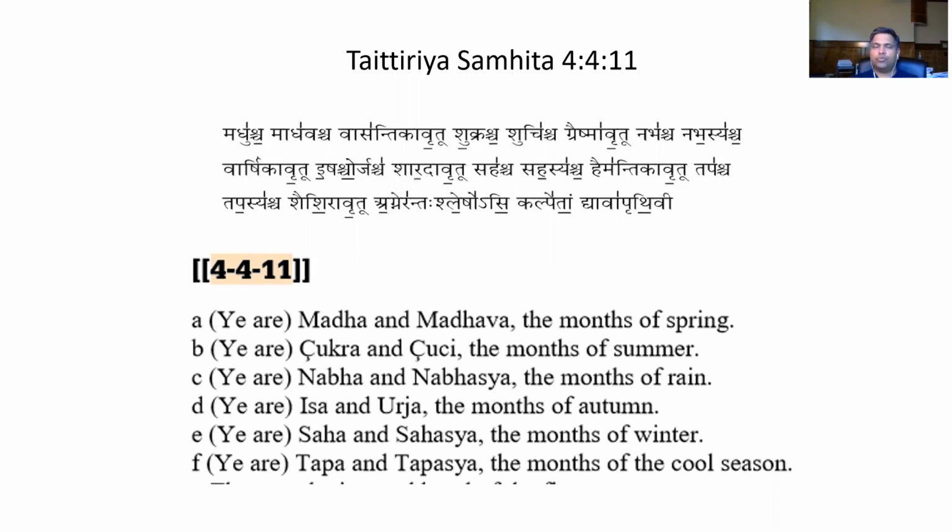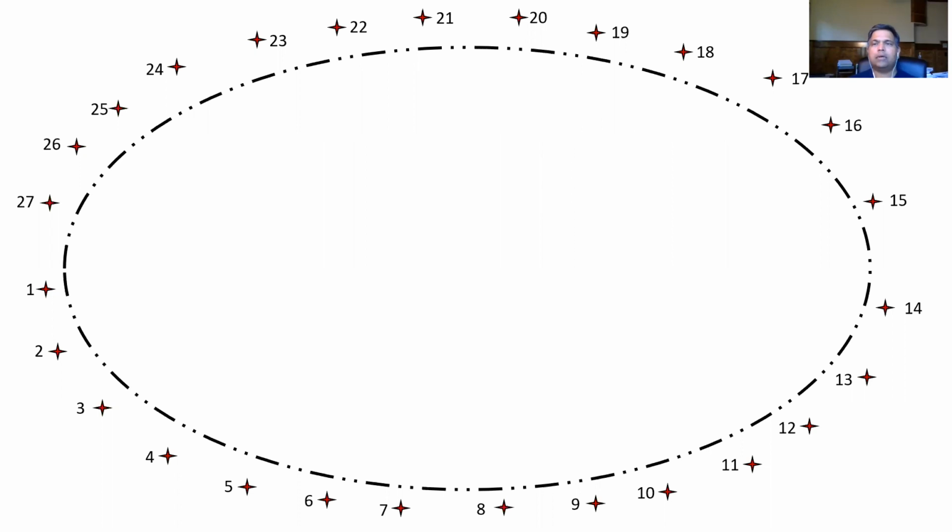Now what I'm going to do is take you to the next screen and show you how that appears as seen from the earth and as seen in the sky, the position of the sun with respect to the earth and with respect to the cardinal points in astronomy, which is what?